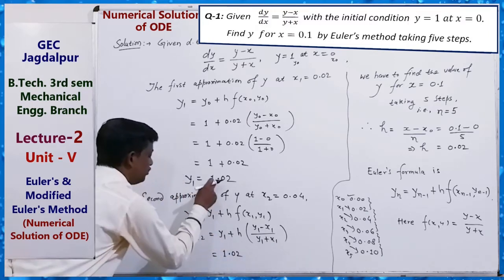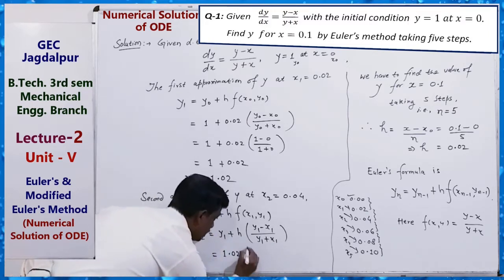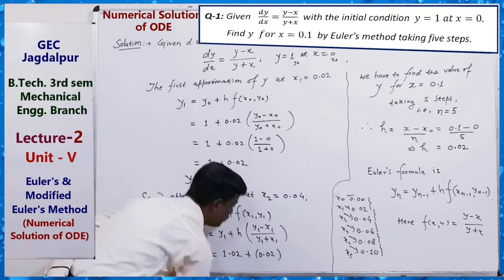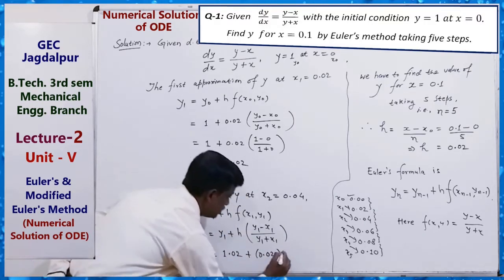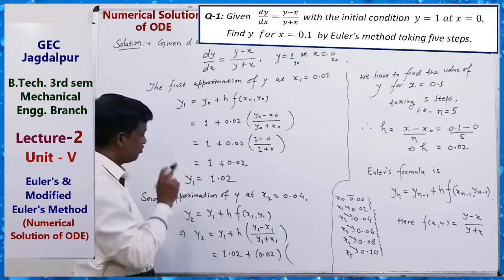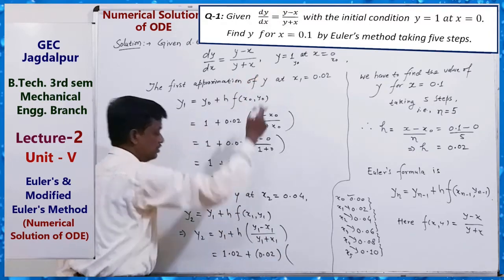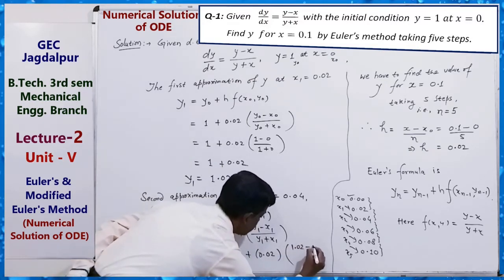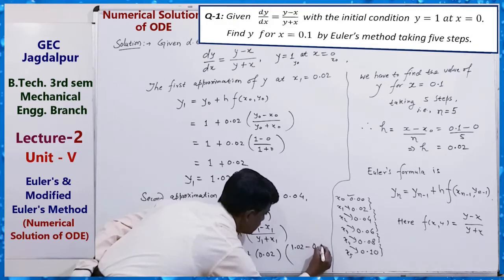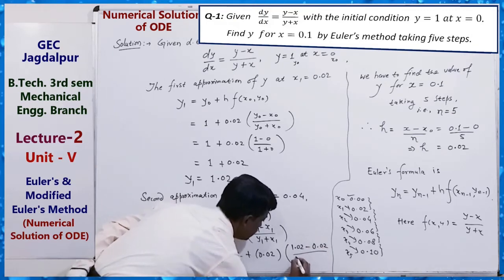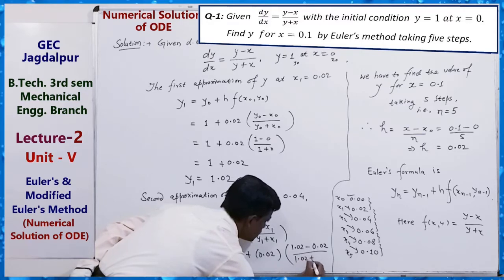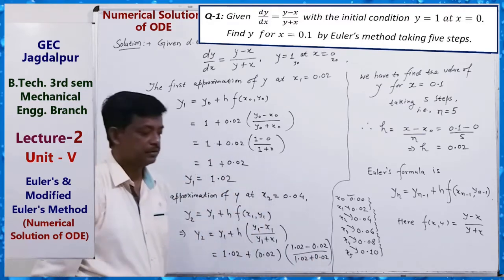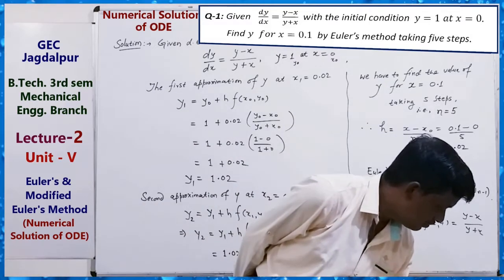y1 is 1.02, plus h equals 0.02. So 0.02, clear? And y1 minus x1: y1 is this, x1 is this. So 1.02 minus 0.02 upon 1.02 plus 0.02. Clear? This is the approximation.